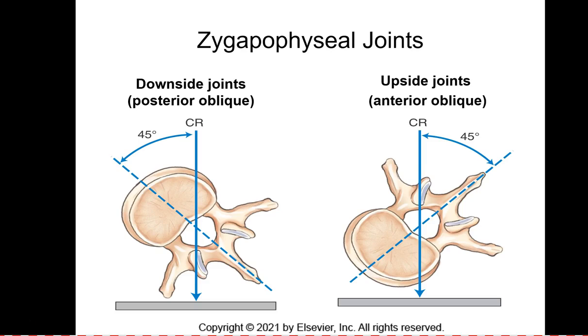If the area of interest is in the lower L spine, rotation should be decreased to about 30 degrees. Think of the lower lumbar vertebrae more closely resembling the sacrum and the SI joints, which are performed at a 30-degree oblique. Okay, so hopefully this slide helped you to visualize which Z joints are open in which position.